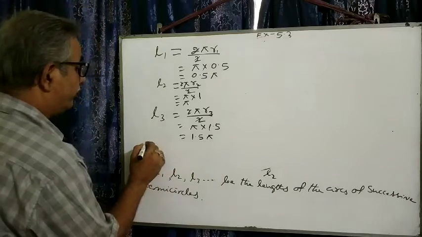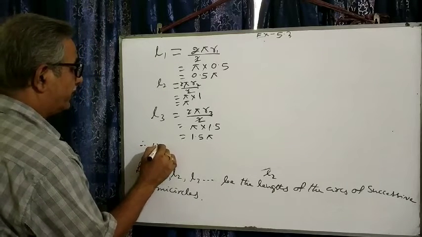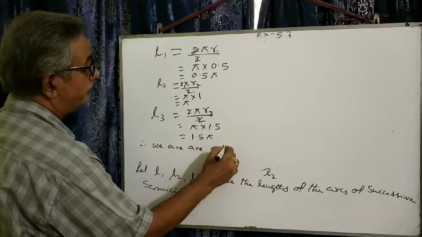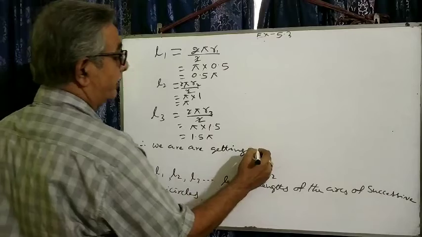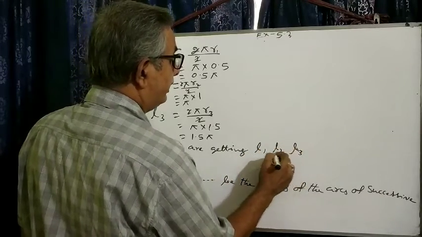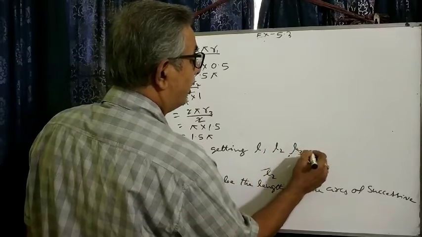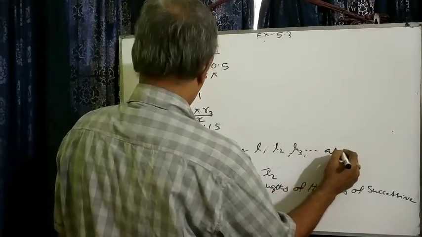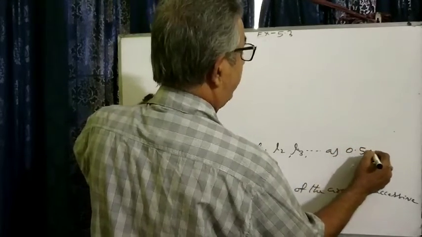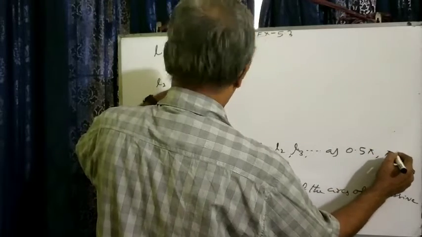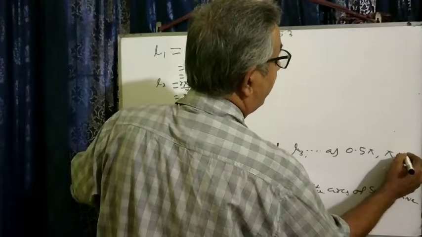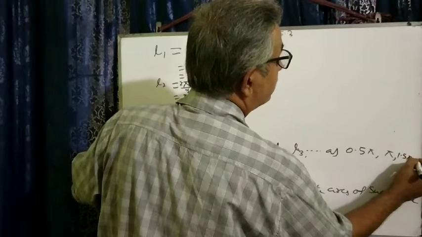Therefore, we are getting L1, L2, L3 as 0.5 pi, pi, 1.5 pi, and so on.